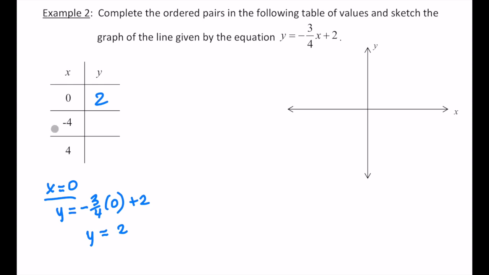Now we'll substitute an x value of -4. So we have y is equal to -3/4 times -4 plus 2. This 4 will cancel with the 4 in the denominator. If it helps, you can write this as -4 over 1. But either way, the 4's will cancel, and we'll be left with -3 times -1 plus 2.